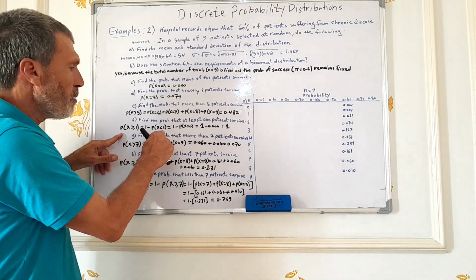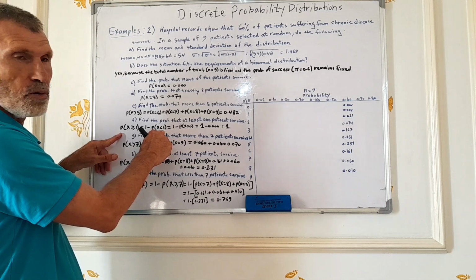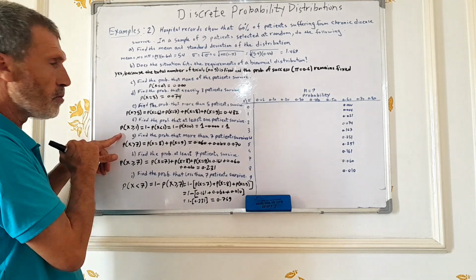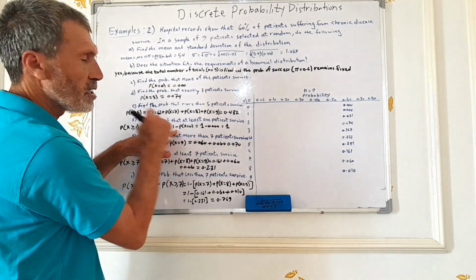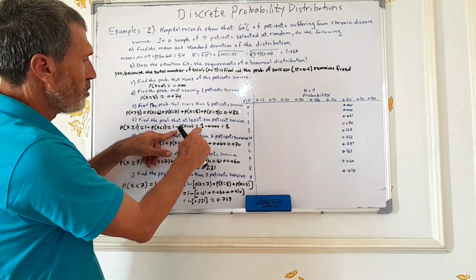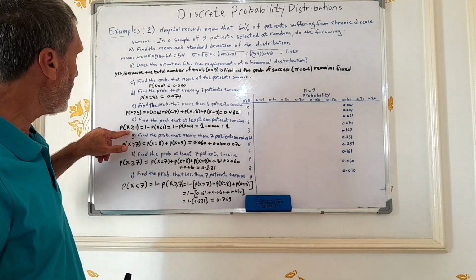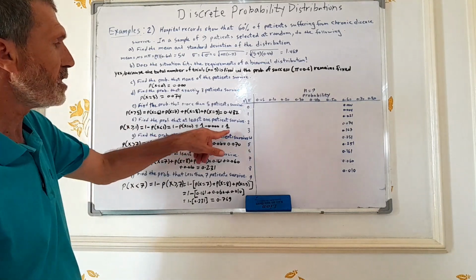This is much easier to calculate, which is equal to 1 minus probability of x equals 0. So which is equal to 1 minus 0, which is equal to 1. So the probability that at least 1 patient survives is equal to 1.